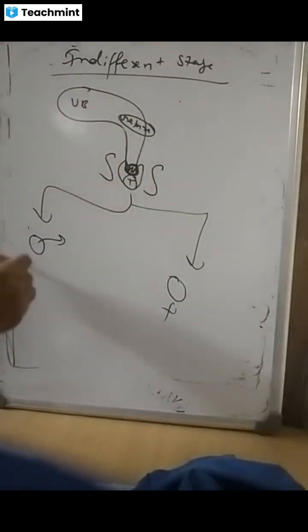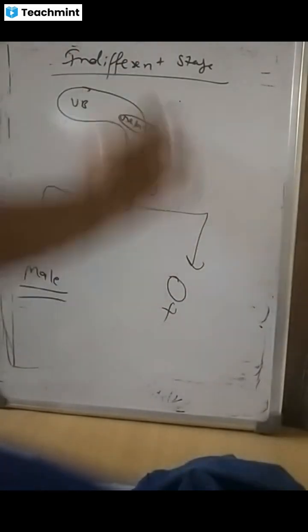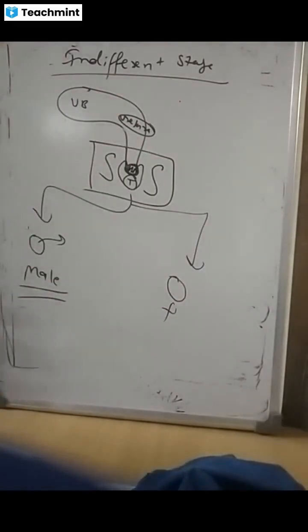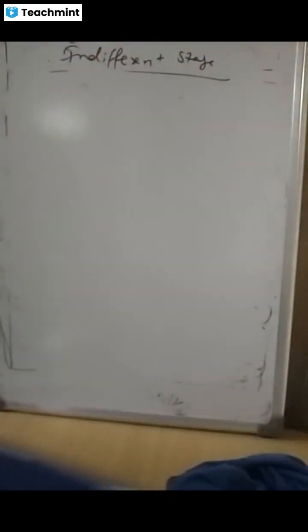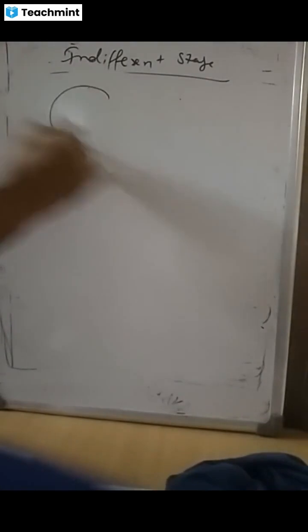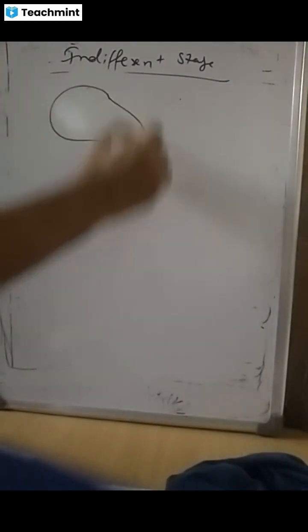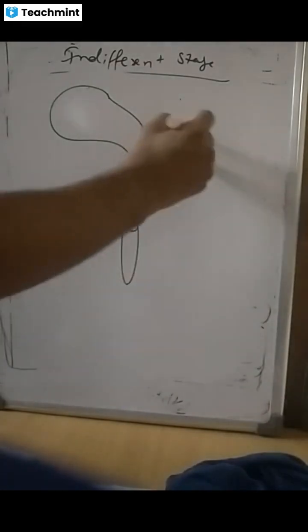So first we'll see what happens in the case of male from this indifferent stage, from these swellings. The genital tubercle will elongate.